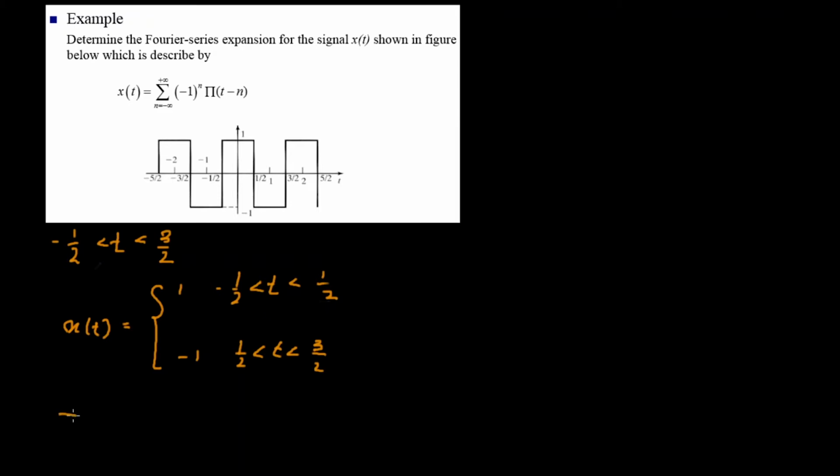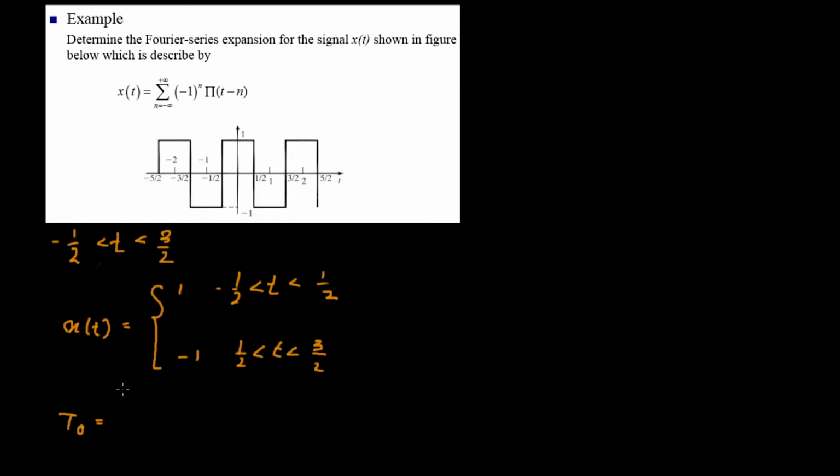need to determine the fundamental period. Here we have selected the range, so what is this range all about? If you notice, the period here goes from negative 1 over 2 to here, which is half, and from here to this point is 3 over 2.